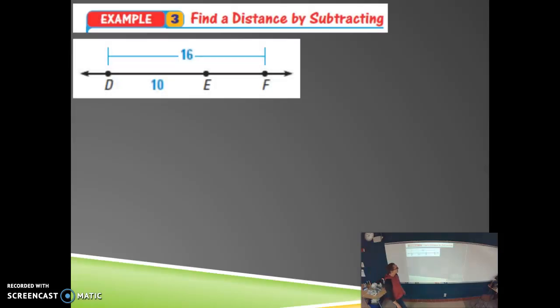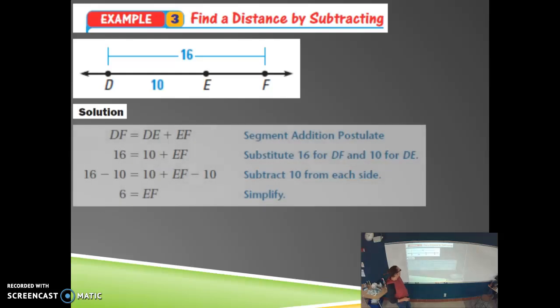Here we can find a distance by subtracting. In the last example, we gave you two pieces and asked you to find the length of the whole. Now we're giving you one piece and the whole and asking you to find the length of the other piece. Well, we know that we can add these together by that segment addition postulate.